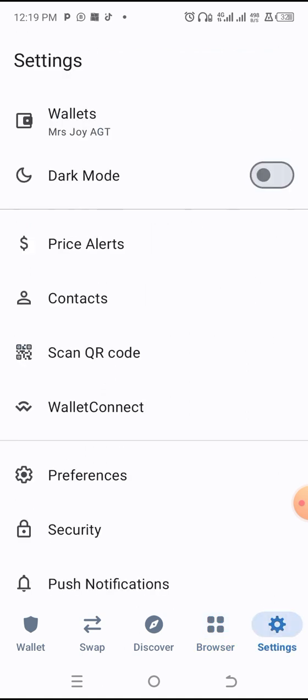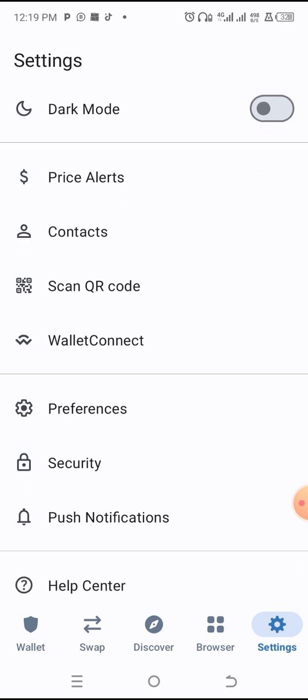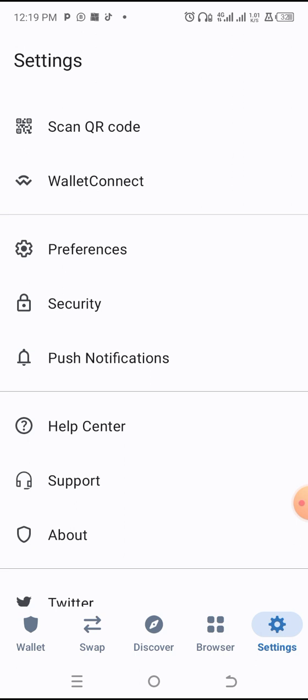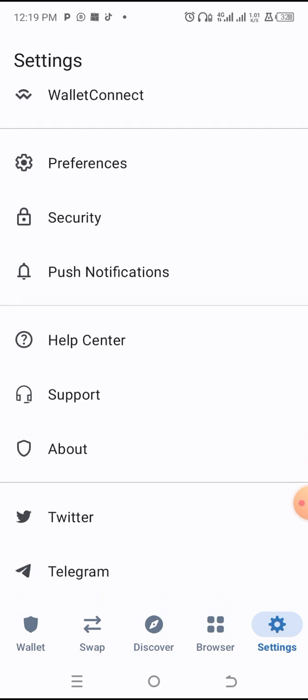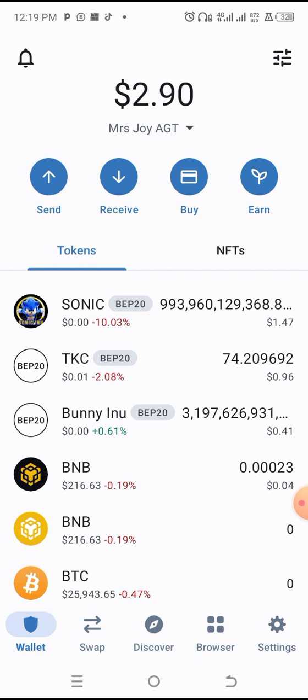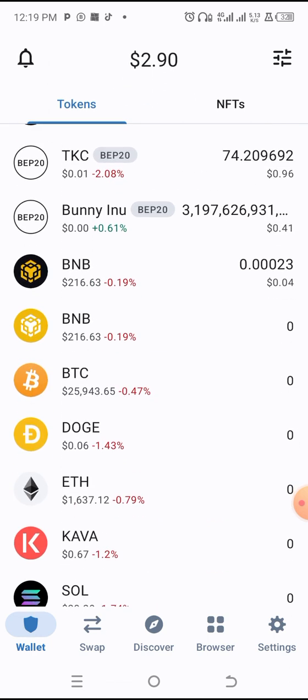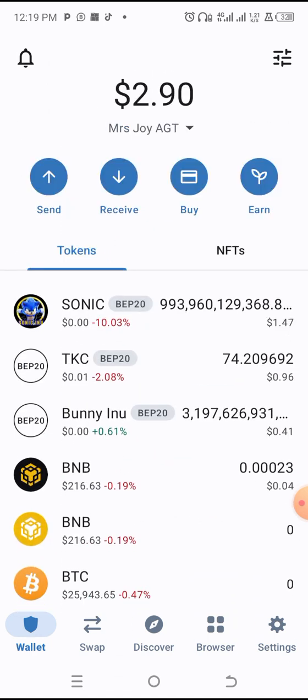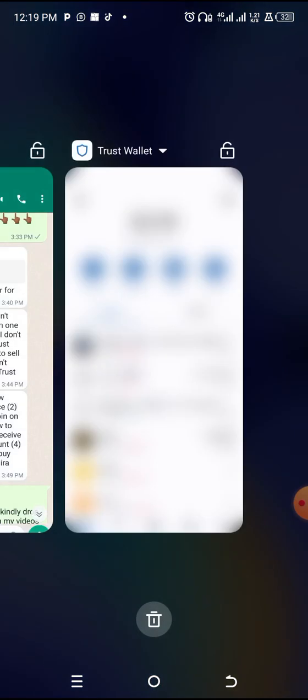And right here is the settings section where you can set your stuff. Nothing much on this platform. Trust Wallet is more of a robust platform where you keep your portfolios, your coins, based on several reasons. I don't want to take much of our time.